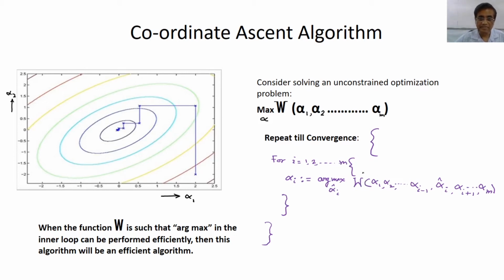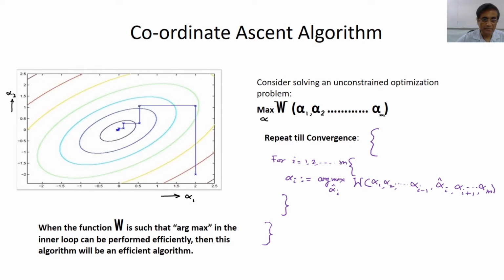It is increasing until some value is reached where it is not increasing appreciably, and then you hold it, and go on increasing alpha 1 but keeping alpha 2 constant.